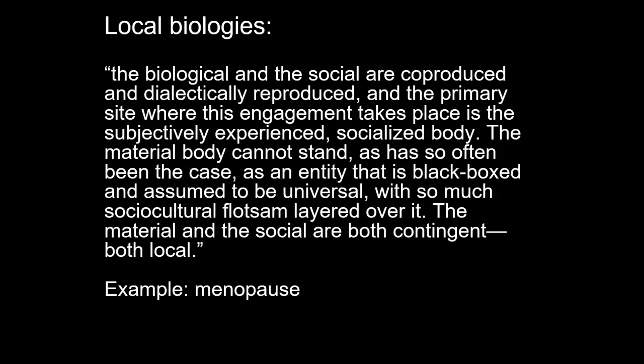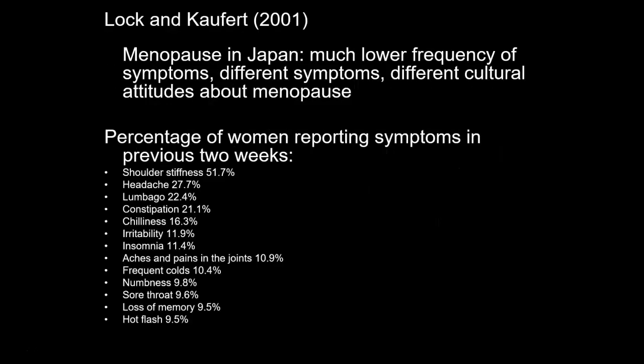And she gives us some quite interesting sort of cross-cultural information about how menopause is experienced in different ways to, again, underline this idea that biology is not just a universal function of the human body, but is informed by local cultural frameworks.